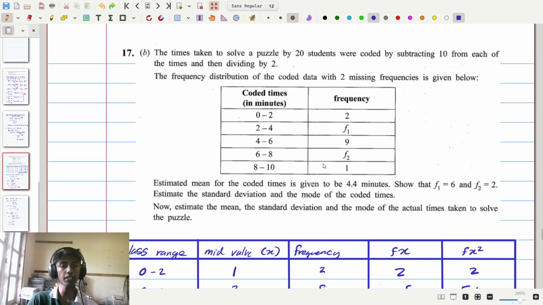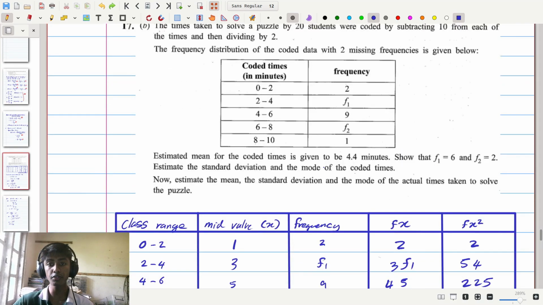So if we consider delta 1 and delta 2, delta 1 is the difference of frequency between the class and the class before it, which if we consider the modal class as 9, the class before it is f1, which is equal to 6. So therefore we have 9 minus 6 for delta 1. Now similarly, delta 2 is equal to the frequency difference of the modal class and the class after it. Now the class after it has frequency of f2, which is equal to 2, and therefore we have 9 minus 2, which is 7.